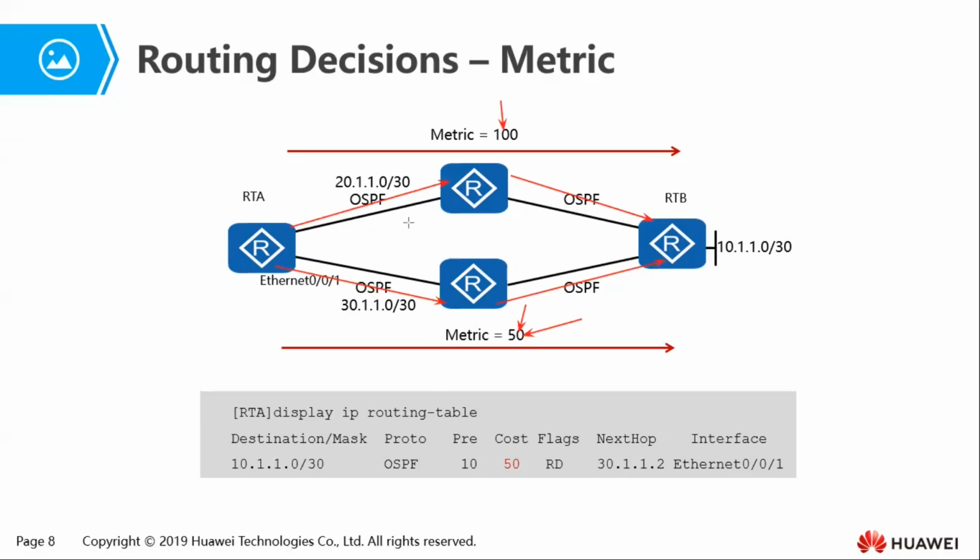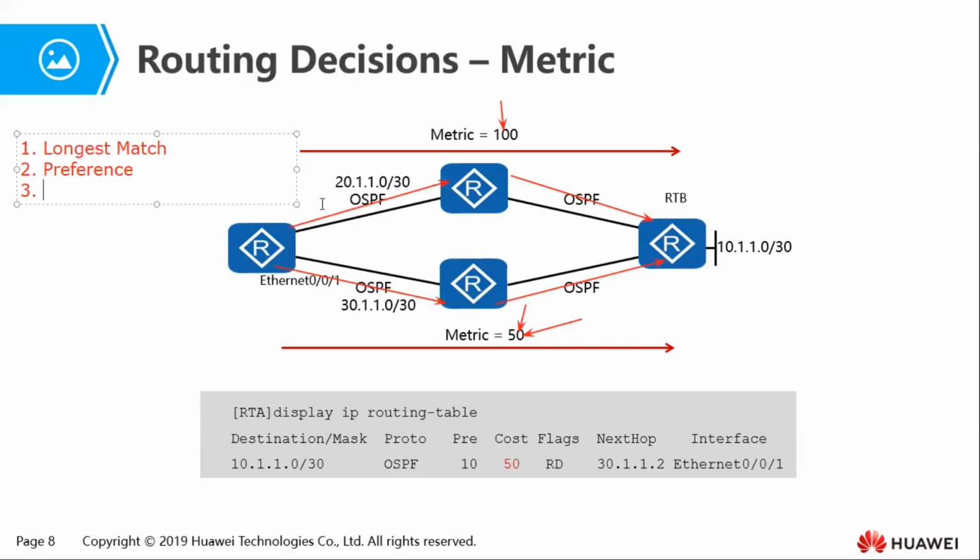Remember, at first, we do the longest match. So if the longest match is the same, we go to the preference. As you can see in this particular example, the longest match is the same because both these networks, for this route and this route, are /30.